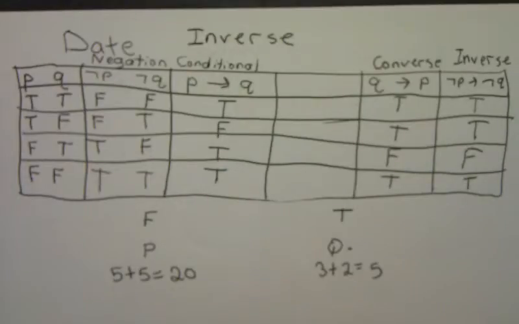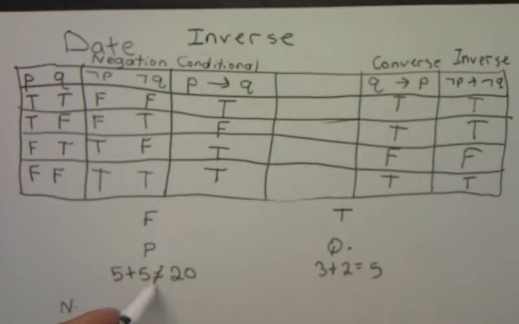Okay. So the inverse is going to say if 5 plus 5 does not equal 20. If the conditional says 5 plus 5 equals 20, then the negate is going to say 5 plus 5 does not equal 20. And that's true. And this is going to say, instead of 3 plus 2 equals 5, this is going to say 3 plus 2 does not equal 5 because it's the negate.